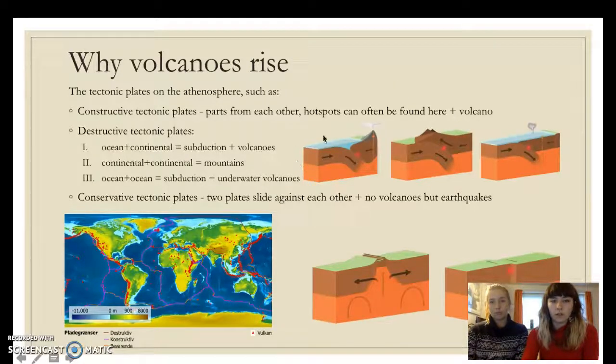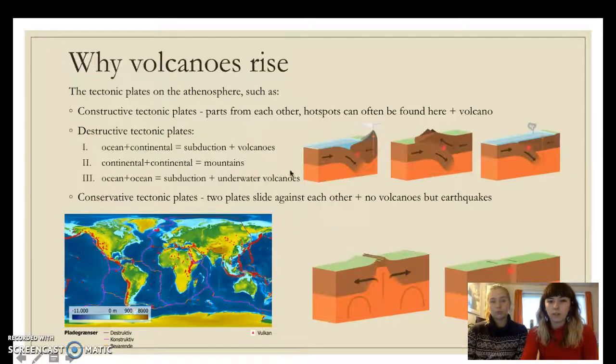There are the oceanic and continental plates, where the one with the highest density subducts under the one with the lowest density, and therefore the one with the highest is melted away because it goes down into the lower, or more in the middle of the earth. And this creates volcanoes.